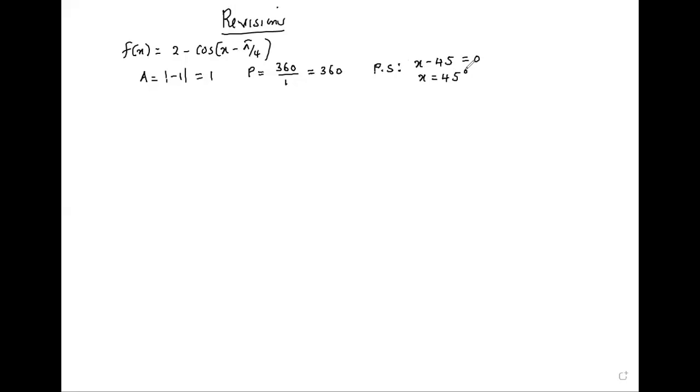So from there, to sketch, we find the scale as well, which is period 360 over 4, which is equal to 90. And then from there, we sketch.